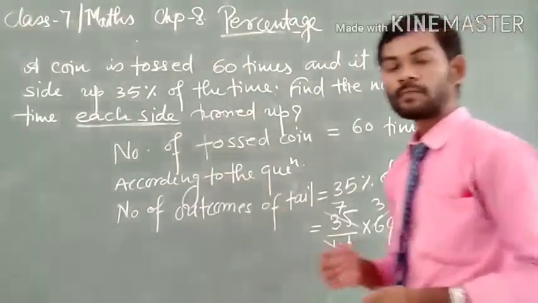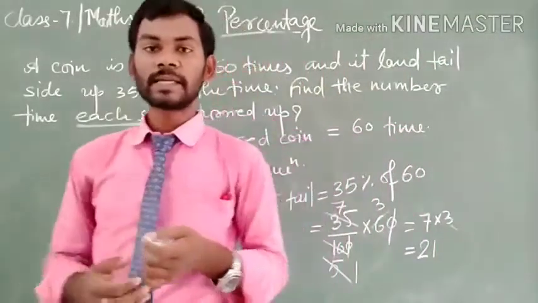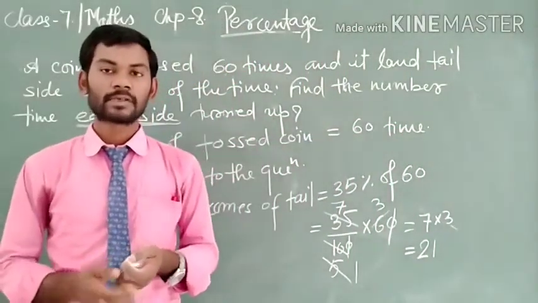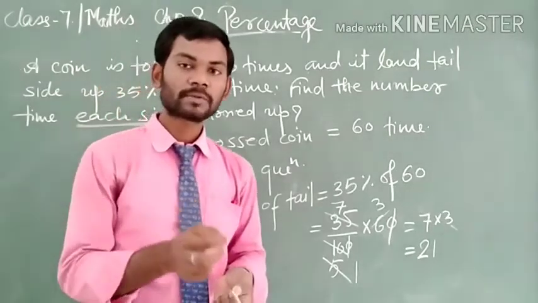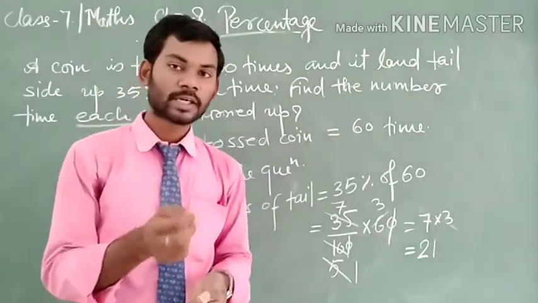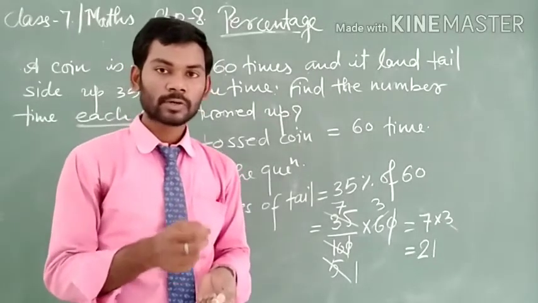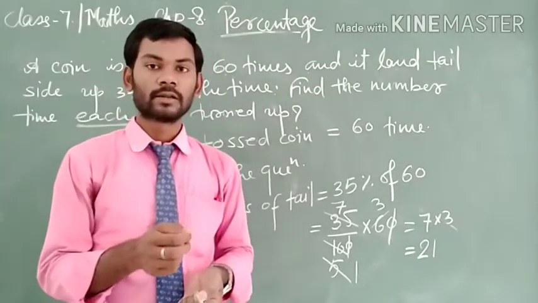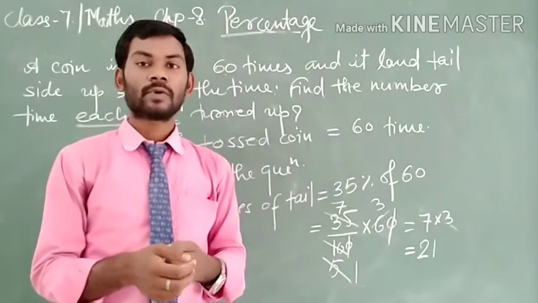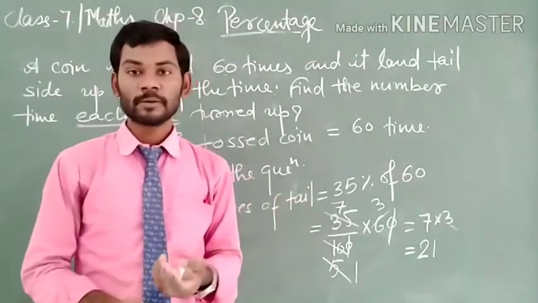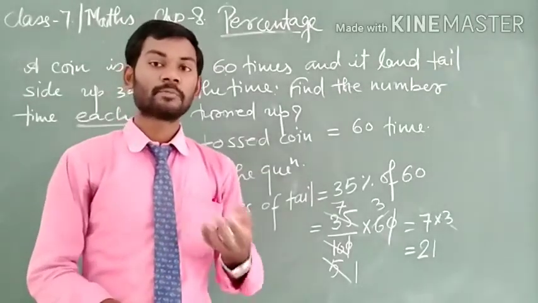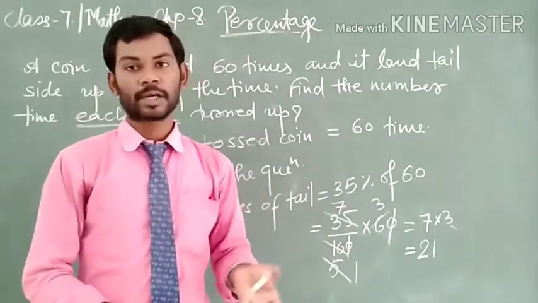So when we toss the coin 60 times, then 21 times, that is 35% of 60, the outcome is tail. And what is the number of outcomes of head? The remaining part will be the number of outcomes of head.